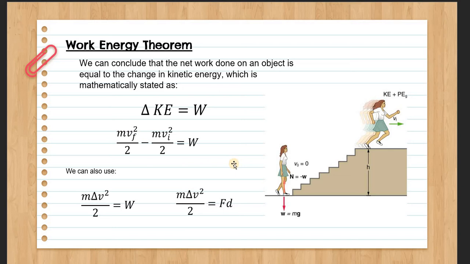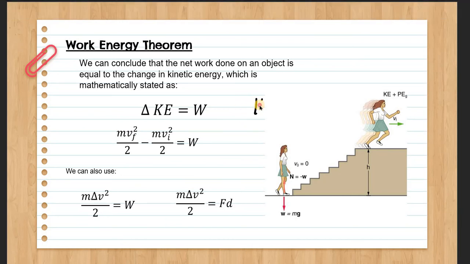And then, we have work energy theorem. So, it says that the net work done on the object is equal to the change in kinetic energy. So, work done is the transfer of energy, right? So, the change in that kinetic energy is equal to the work done. So, we have here delta KE is equal to work. Okay.